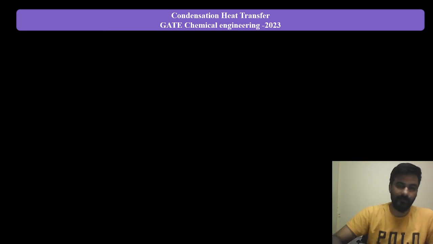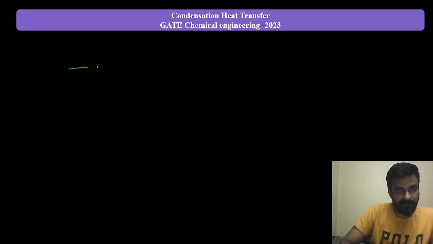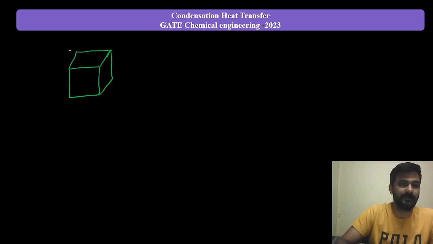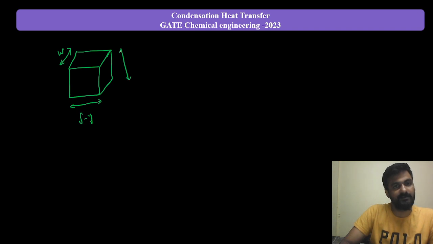Now for this particular element, my dear students, can I apply a force balance, and which forces will be acting here? How many forces will be acting? Try to understand. The dimensions are w, delta minus y, and dx for this condensate layer.